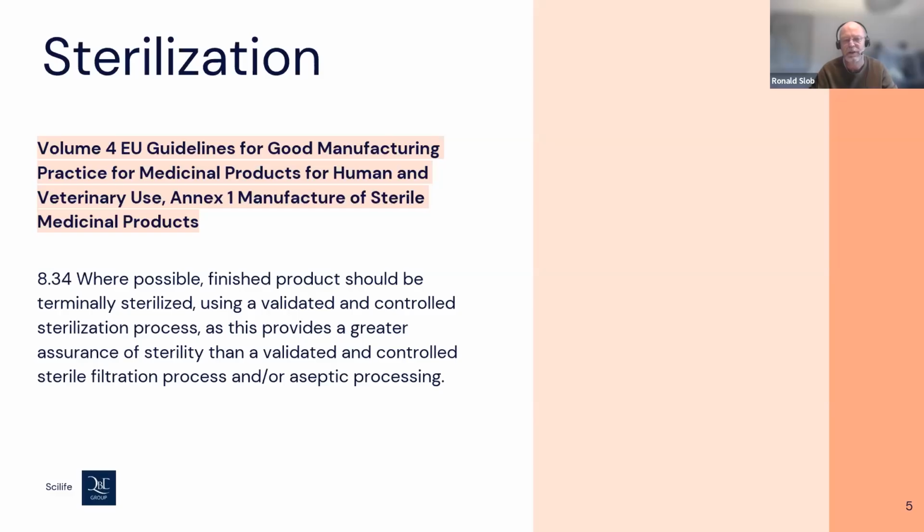If you can't, then there are other options for trying to sterilize your product or your device. But the main part is that you first have to look if it's possible to sterilize it with steam, because there are different kinds of sterilizing processes.